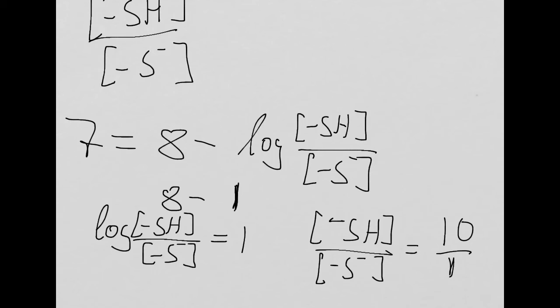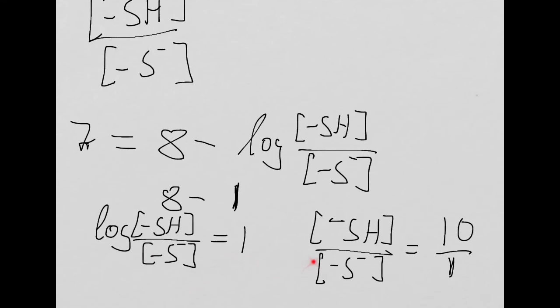So again, we do this thing. pH 7, pKa 8. 8 minus something is 7, so this something must be 1. This log acid over base equals 1.